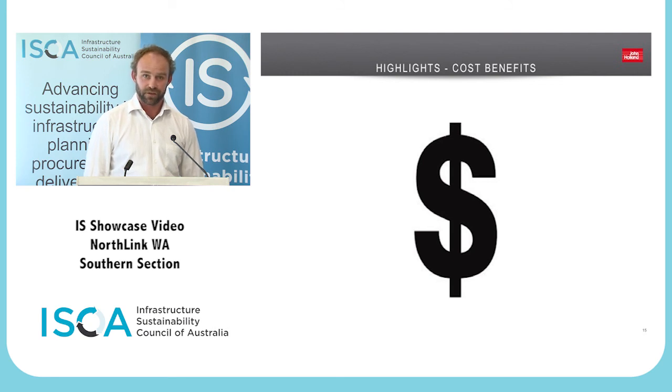So we've had a return there. In relation to whole of life cost, I'm not exactly sure what Main Roads has outlaid, but we can see again significant savings for them that will be yielded by the application of the ISCA framework, including some of those examples I just shared with you guys.